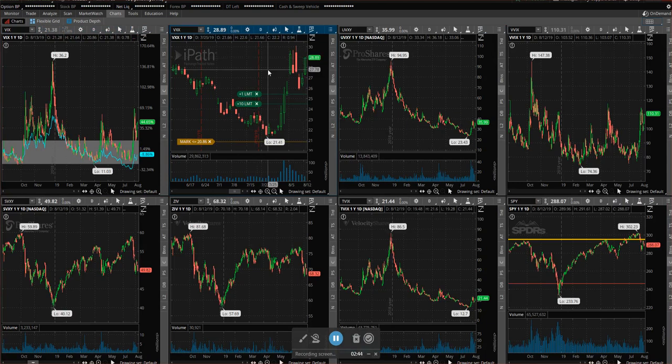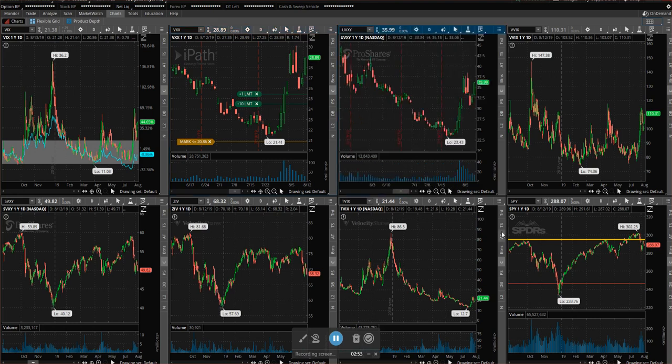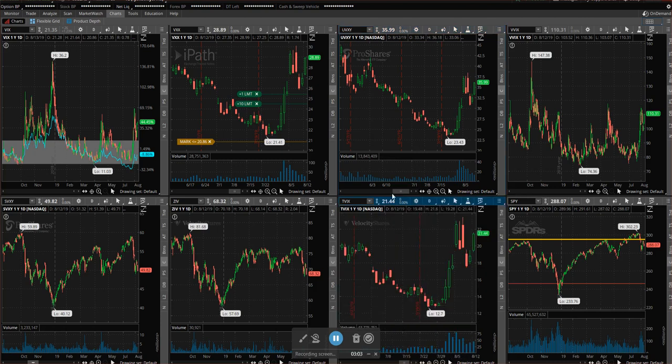I'm using this opportunity to really ladder into volatility. I think that eventually we're going to get challenged at the 200 here on SPY. So somewhere in this 270 range is where I think the 200 simple moving average is. But we've basically seen a double in some of our leveraged volatility ETFs, right?